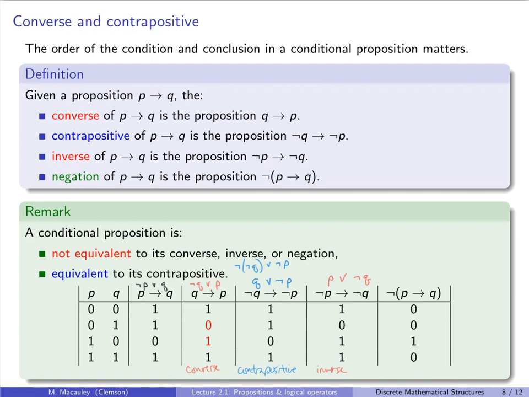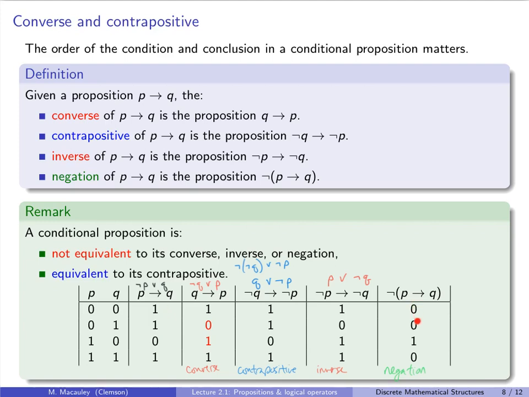Let me write that up in green. Sorry, my pen green is a little bit different than the green that are on these slides. And so the negation is just the opposite of P implies Q. So we take these entries 1, 1, 0, 1, and we just flip them.